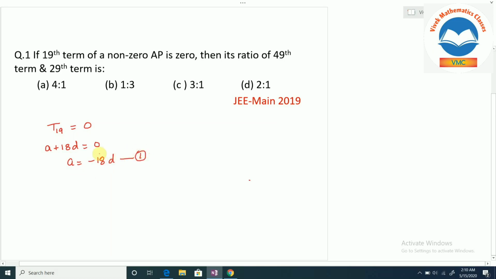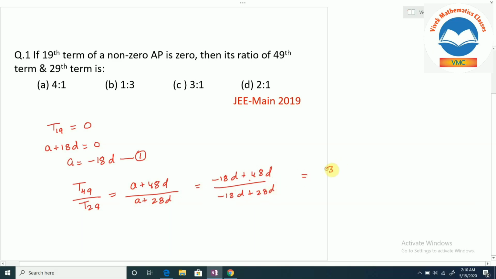T49 divided by T29 is A plus 48D divided by A plus 28D, which is 30D divided by 10D.